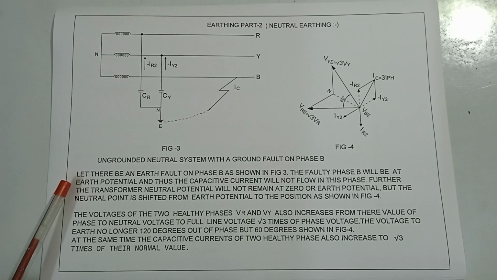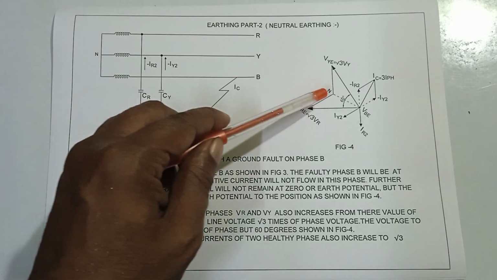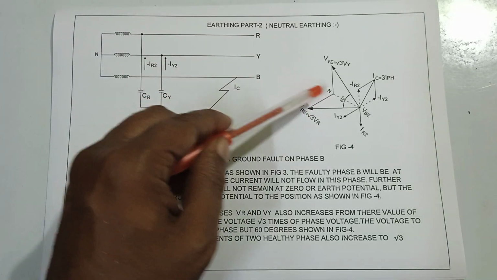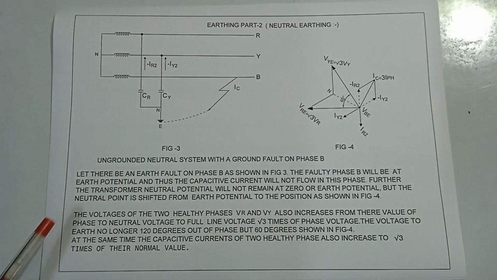The faulty phase B will be at earth potential, and thus the capacitive current will not flow in this phase. Further, the transformer neutral potential will not remain at zero or earth potential, but the neutral point is shifted from earth potential to the position shown in figure 4. Here the neutral is shifted from here to here.